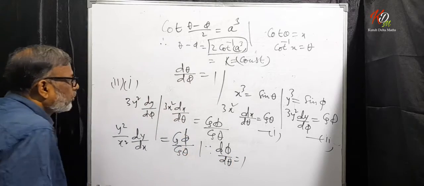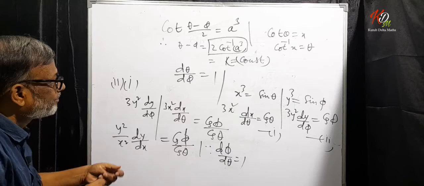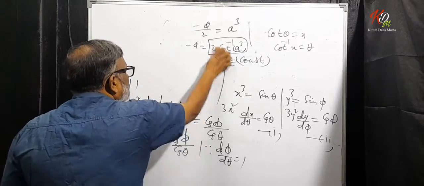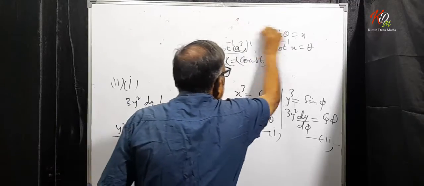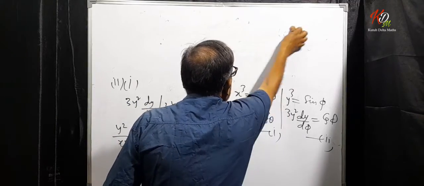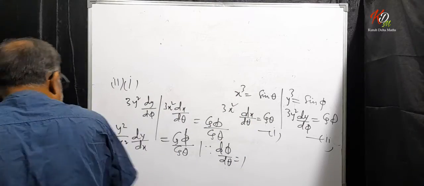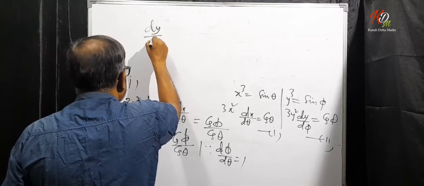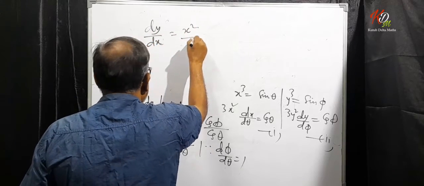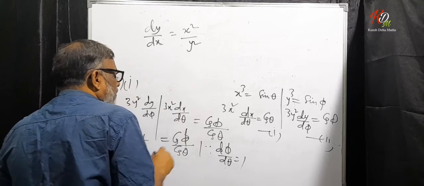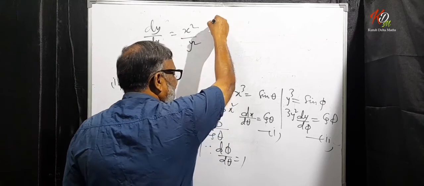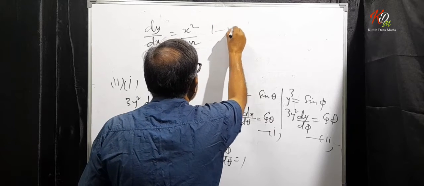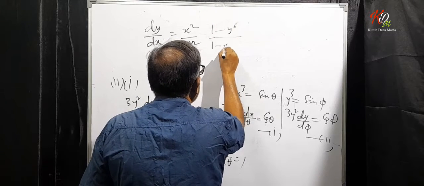So putting the values of cos phi and cos theta, dy/dx equal to x square by y square into cos phi by cos theta, which means 1 minus y^6 by 1 minus x^6.